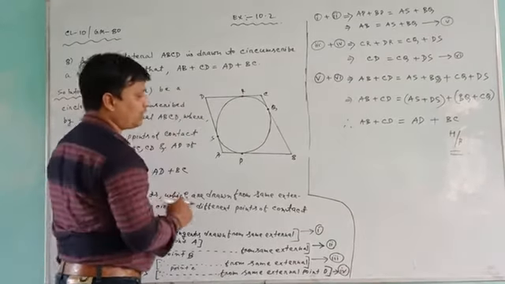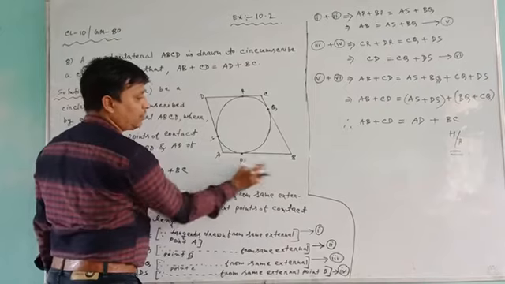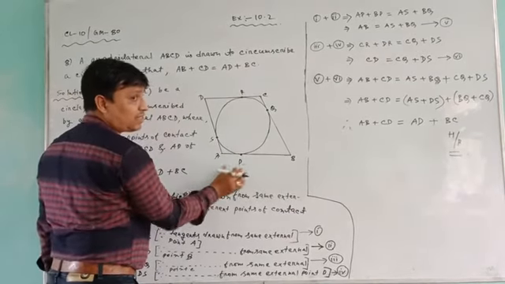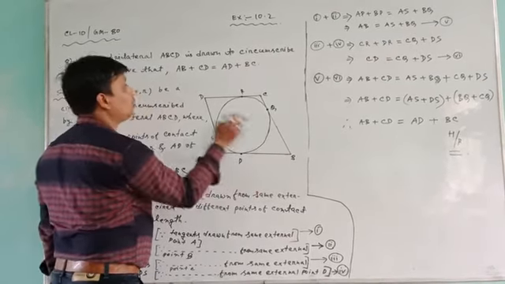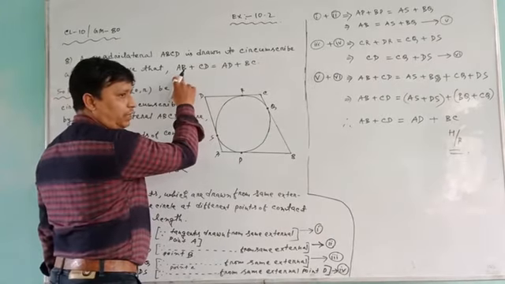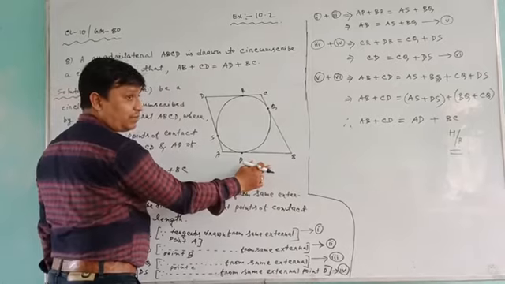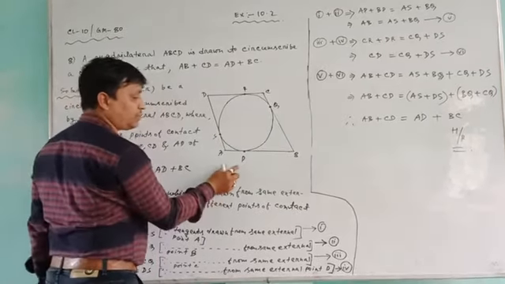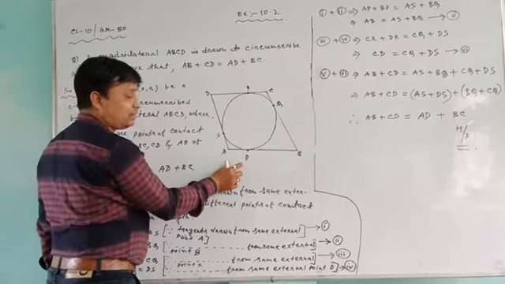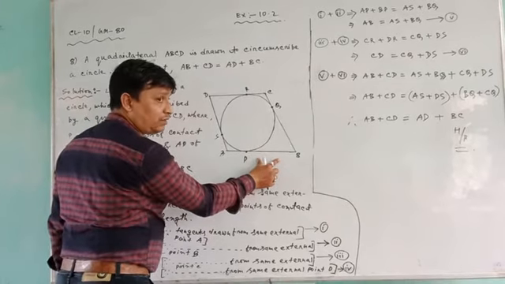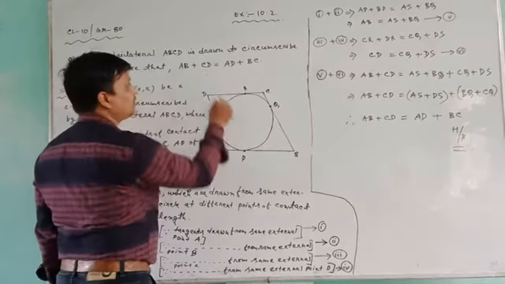But AB means what here? AB equal to AP plus BP. So if you want to make a statement for AB, then AB equals AP plus BP. That means first of all you have to make one statement for AP, then a statement for BP. Then see CD.